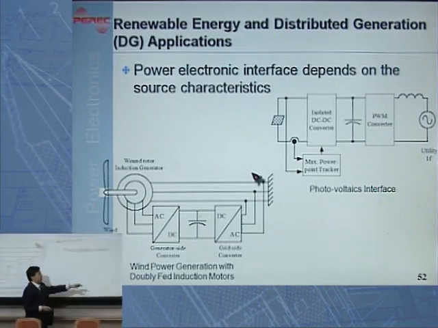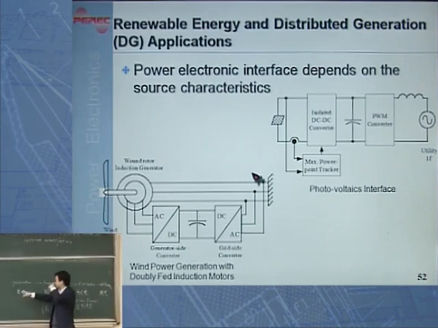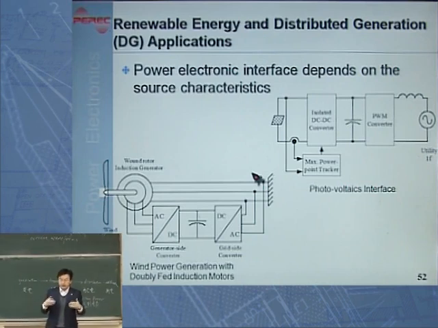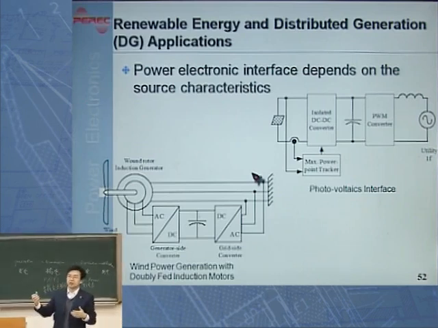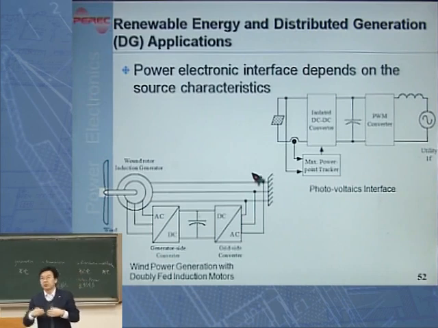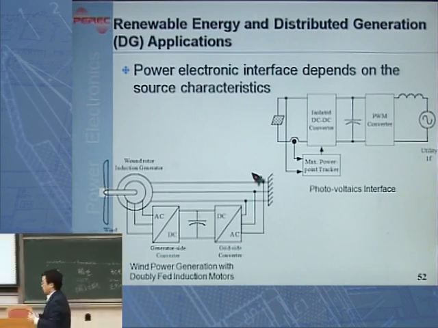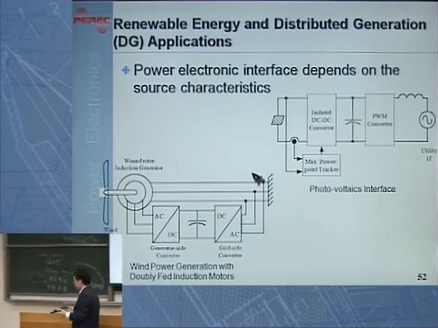Generation. Traditionally, power electronics is not very widely used in generation. But in recent years, because people are thinking about using a lot of alternative energy sources, like energy from the wind and energy from the sun, power converters have to be used.